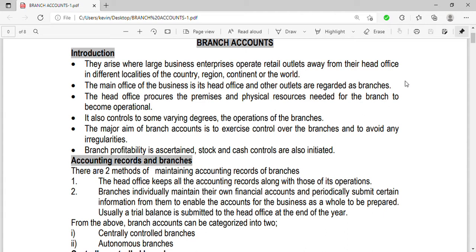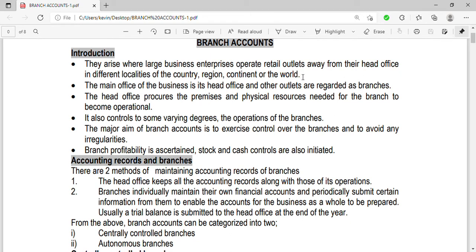A branch. What do you understand by branch? A branch is like an outlet of any business. So, branch accounts introduction. Branches arise when large business enterprises operate retail outlets away from their head office in different localities of the country, region, continent, or the world.